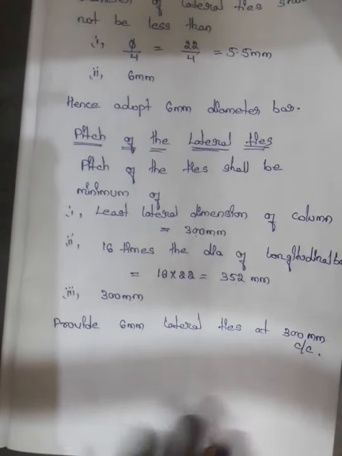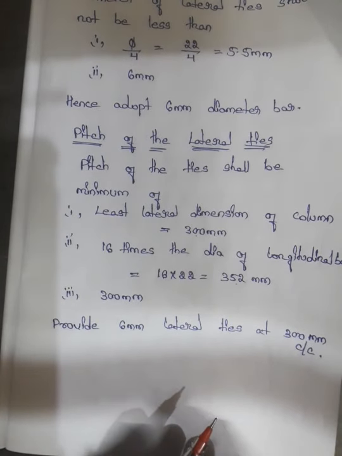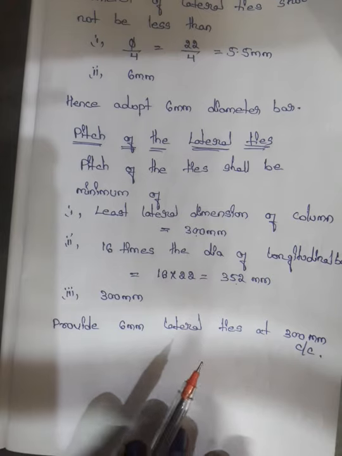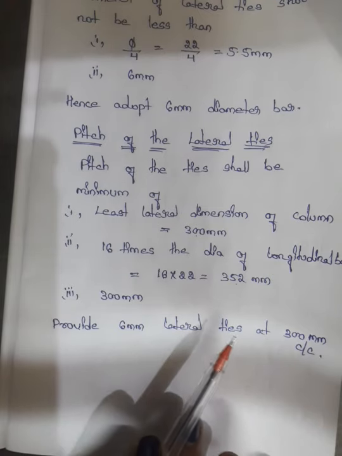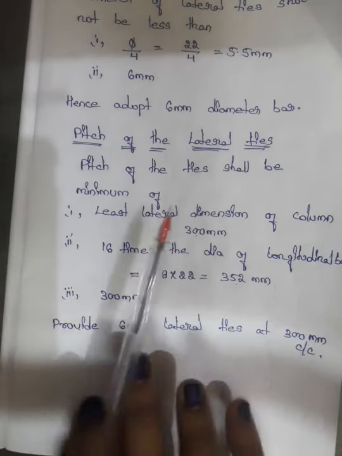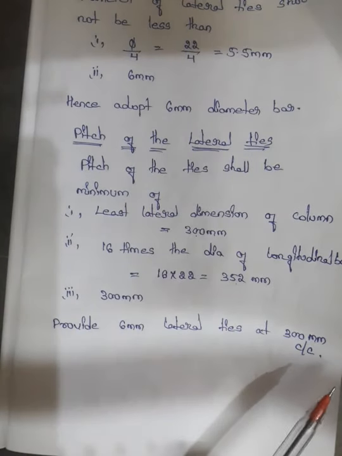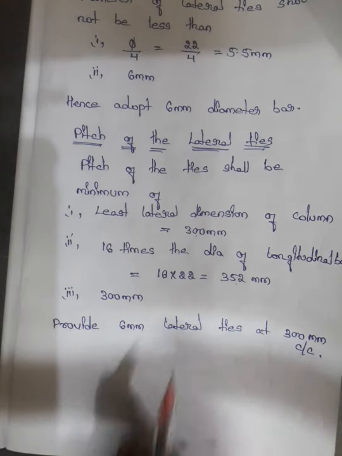So we'll draw the diagram now. What is asked in the question? He asked to design the reinforcement for a short axially loaded square column. So we have designed the main reinforcement, 4 bars of 22 mm dia, and we have designed the lateral ties, that is 6 mm diameter at 300 mm center to center, which means we are done with the problem.